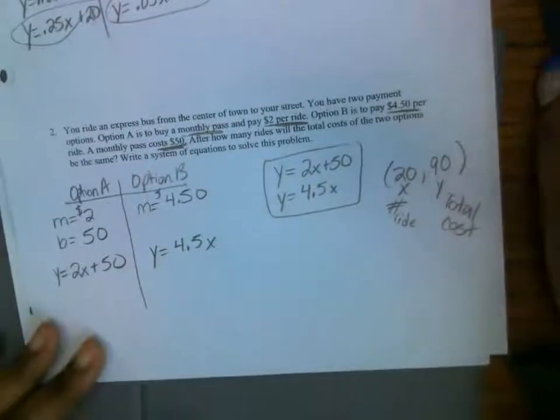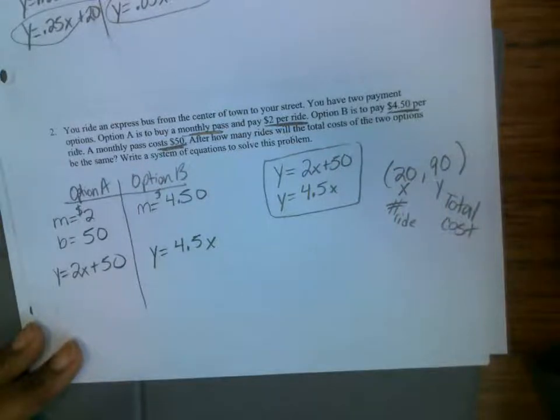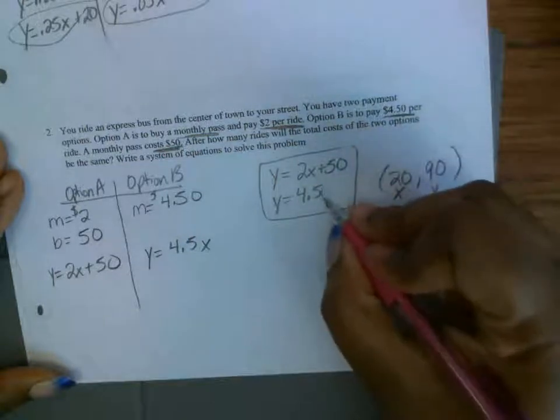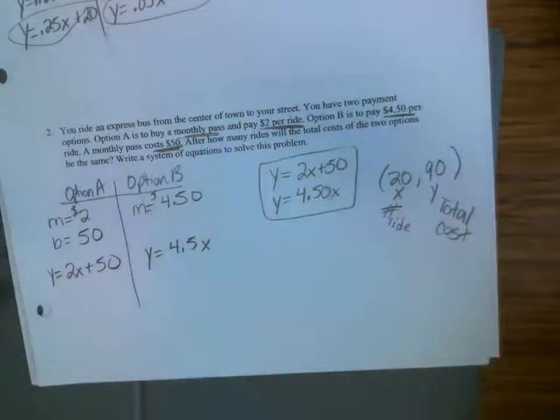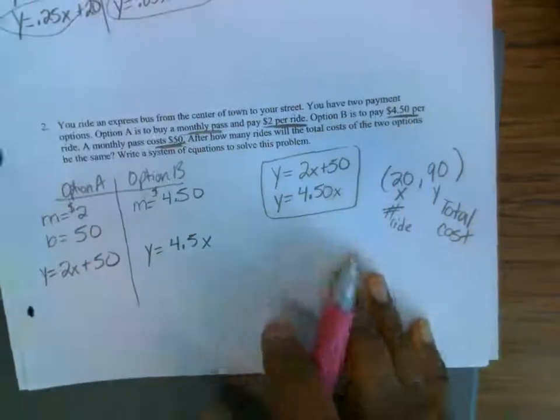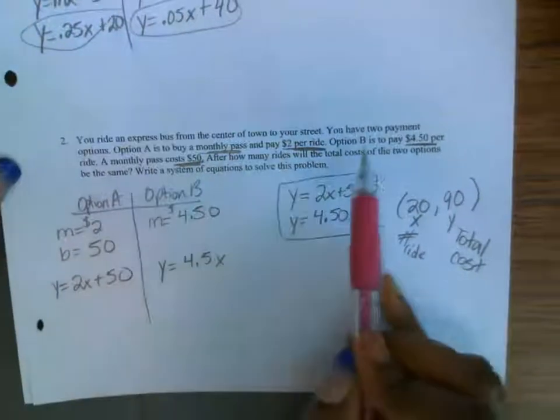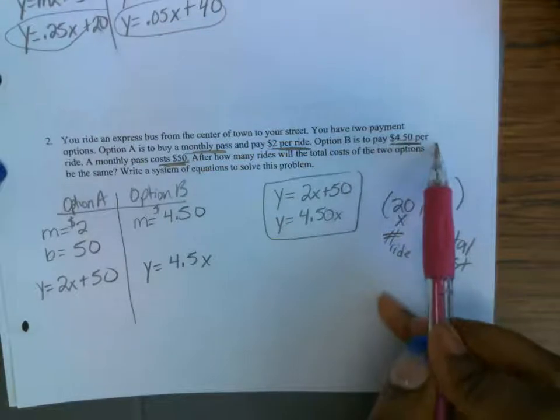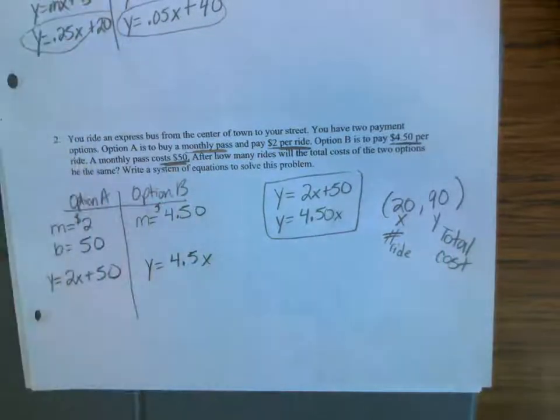Say again? Oh, I can. 0. It's just a placeholder. Oh, I see what you're saying. For option B, it's just saying that you have to pay the $4.50 per ride. It doesn't say anything about a monthly cost.